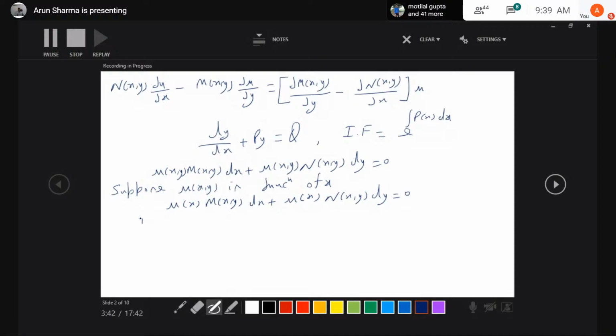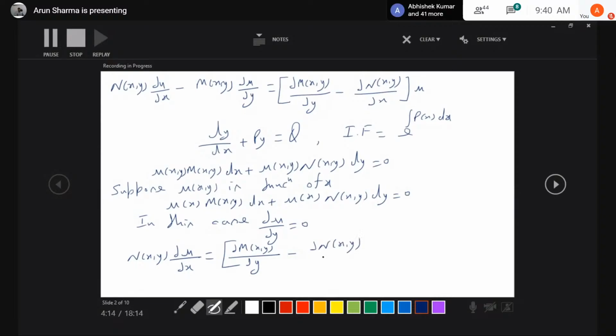So the equation converts into N(x,y) del mu upon del x equals del M upon del y minus del N upon del x times mu. Carefully, now this mu is just a function of x, not xy.